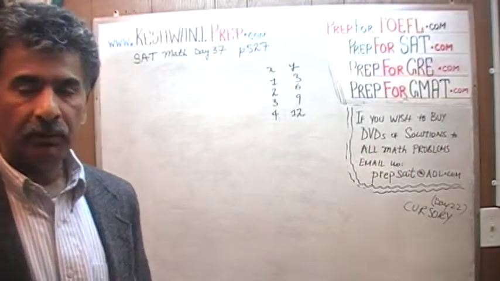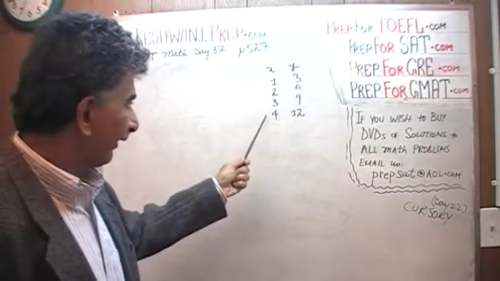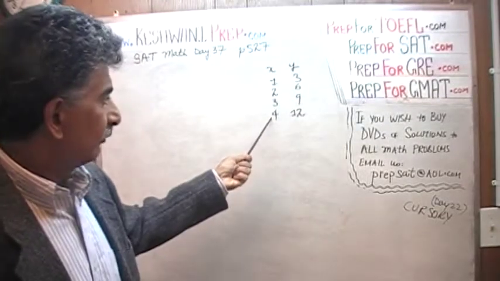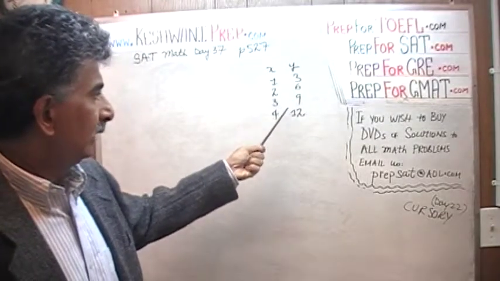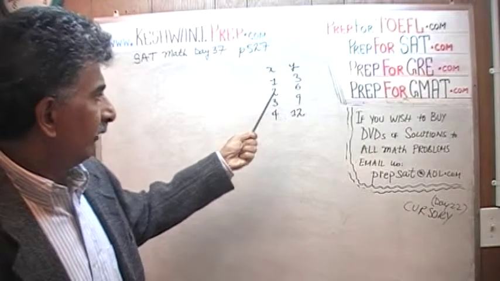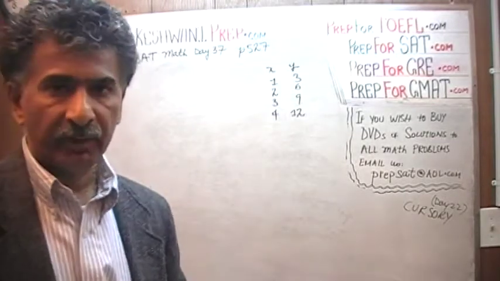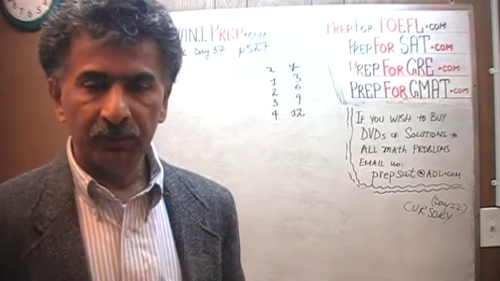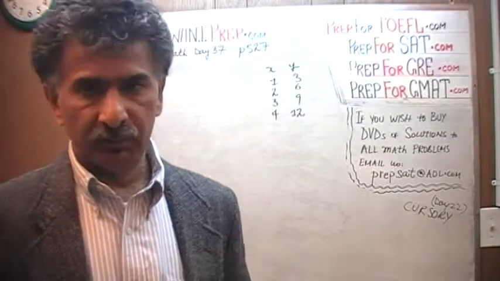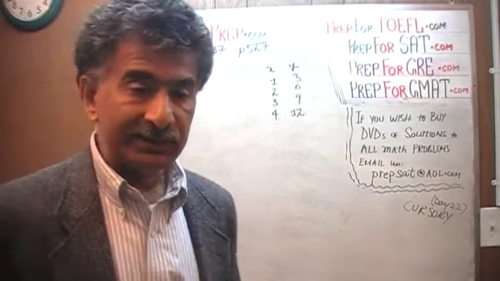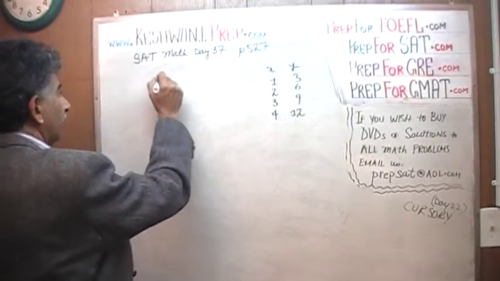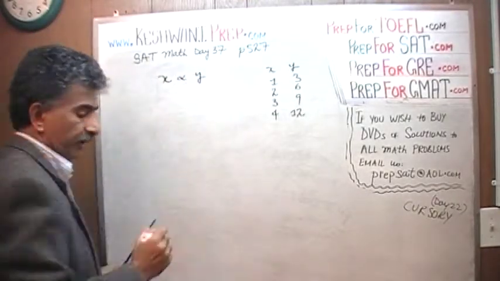And every time x goes down, for example, if x goes from 4 to 3, y goes from 12 to 9. If x goes from 3 to 1, y goes from 9 to 3. In other words, they move in the same direction. When x goes up, y goes up. And when x goes down, y goes down. When we have a situation like this, we say that x and y are directly proportional.